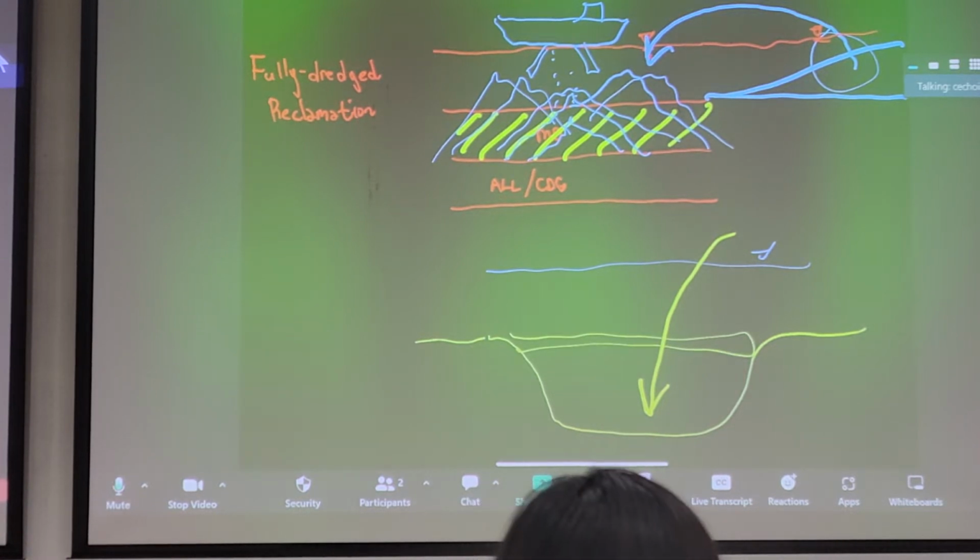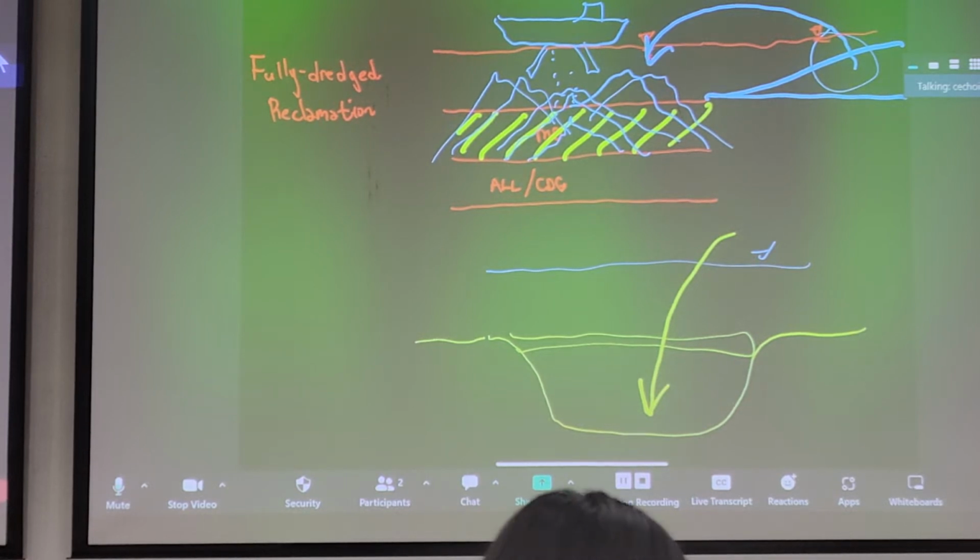So if you type on Google, you look at waste mud disposal sites, you'll notice there are a few locations in Hong Kong, but the problem with these locations is eventually there's a finite volume with these mud pits. You can't continuously dredge mud, put it in the pit and expect to have an infinite disposal site.